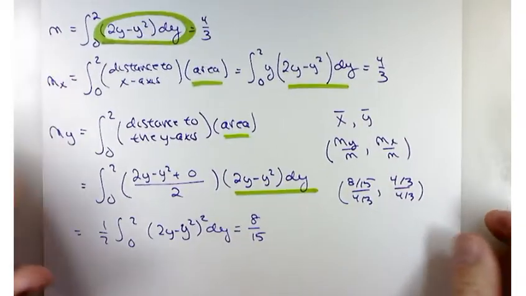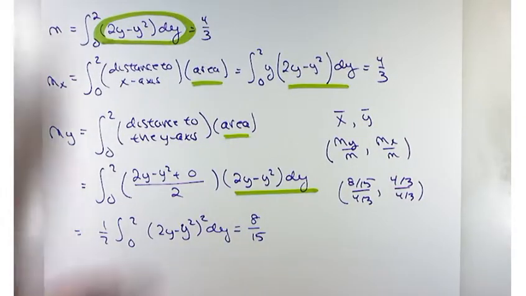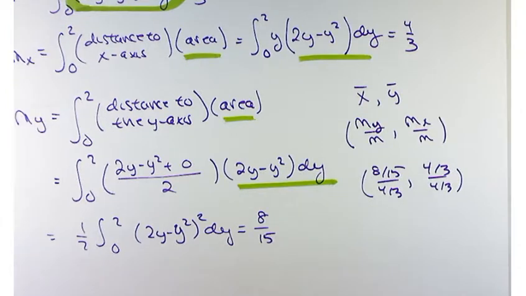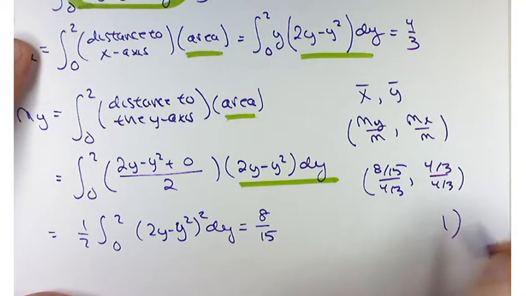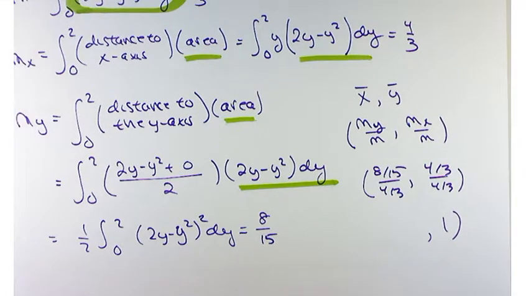At least the y coordinate makes sense, right? Remember what we're trying to find here. Trying to find the point where things balance. And that's going to balance, at least in the y direction, at 1. And in the x direction, what?